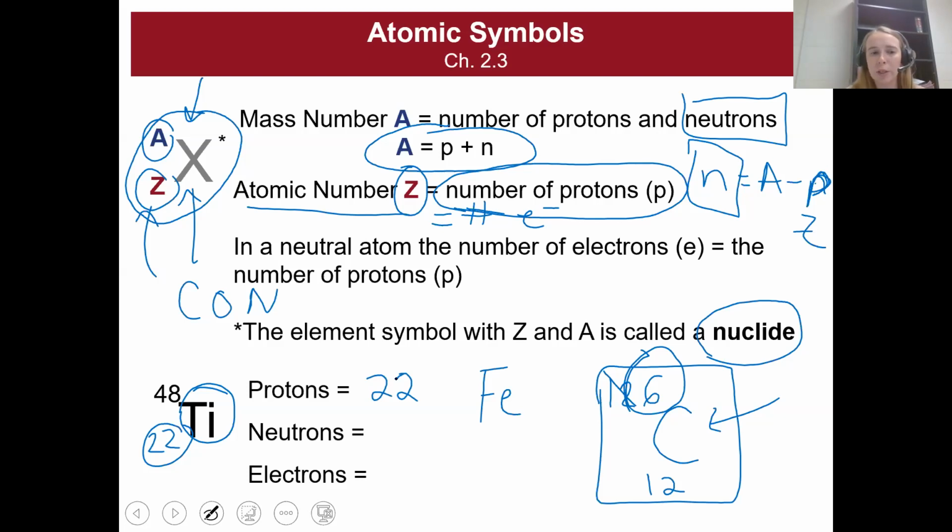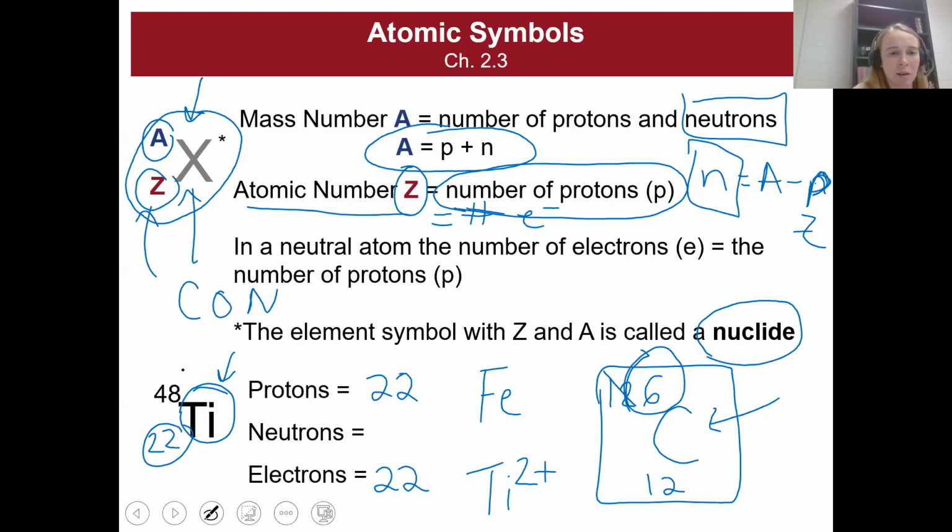This is a neutral atom. There's no charge over here, so the charges go on the upper right side. If there was a charge, it would look like this. But there's nothing there, so there's no charge. That means protons and electrons are equal. And now we just need to find the number of neutrons.